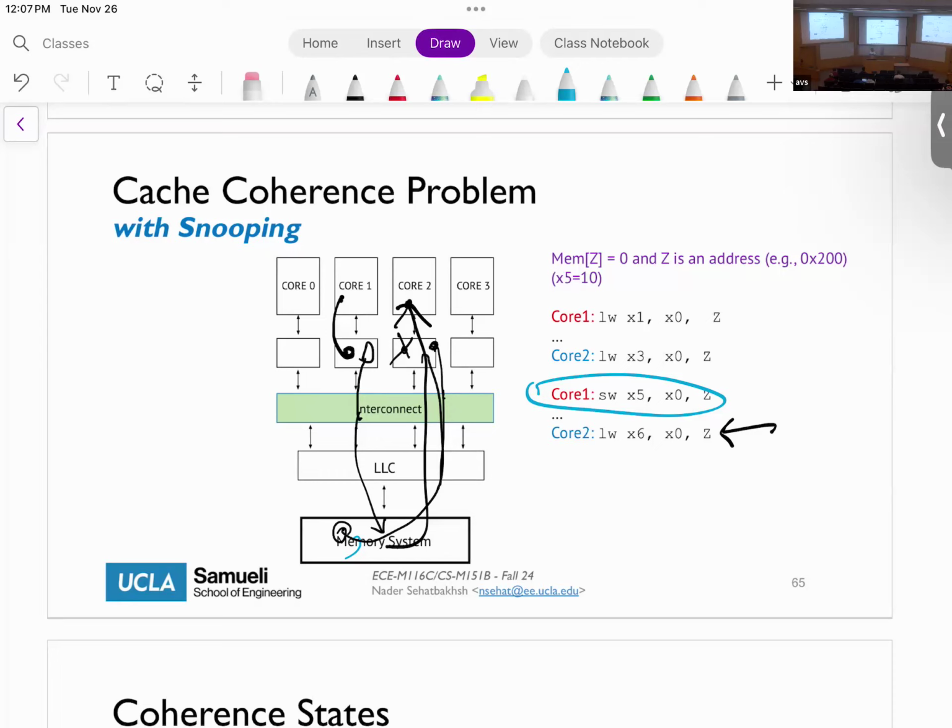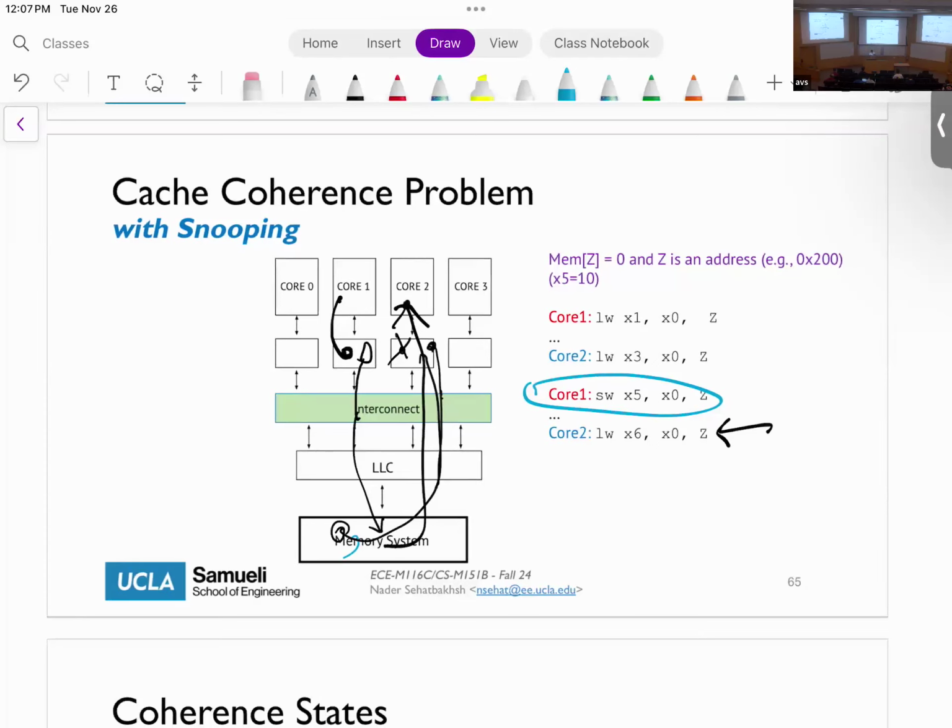And if you remember, we said that we cannot eliminate this problem, because we want to share memory addresses, for example Z here. We also want private caches, because without them we would have terrible performance in terms of average access time.